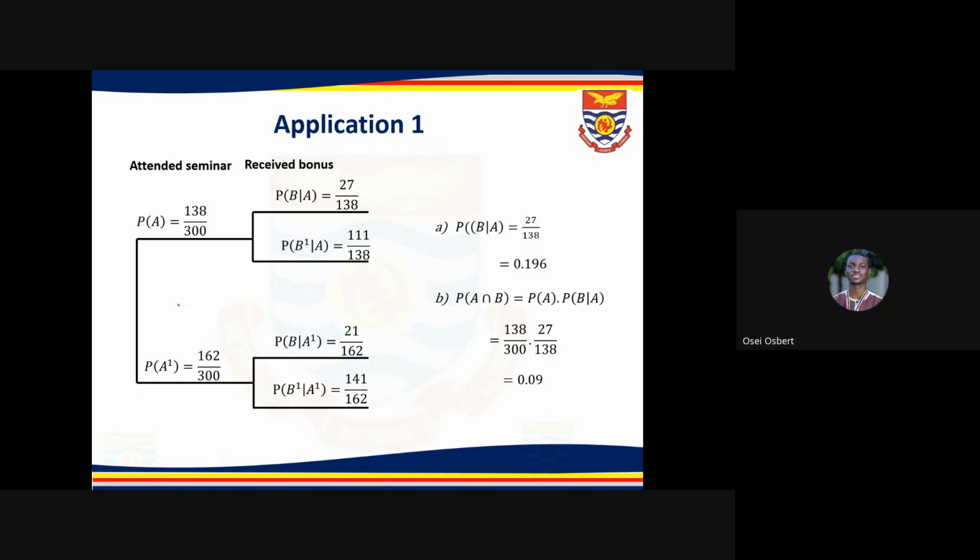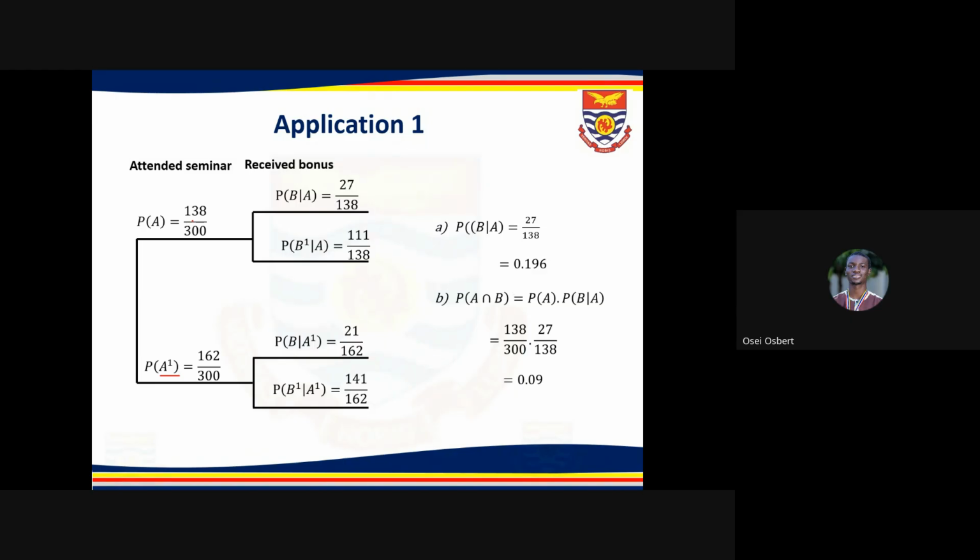So first, once we have 138 attending the seminar, that means we have 162 not attending the seminar. That is where the A comes from. And the question reads that, out of those who attended, that's where the B comes in.